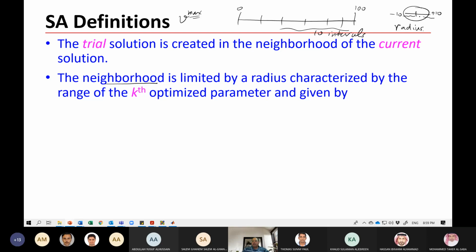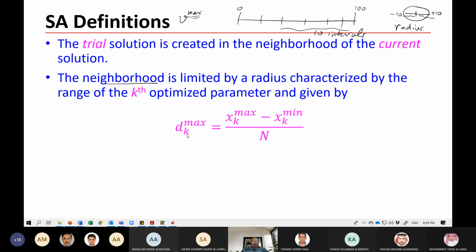So the neighborhood is limited by a radius characterized by the range of the kth optimized parameter, the maximum distance that you can go in any dimension.